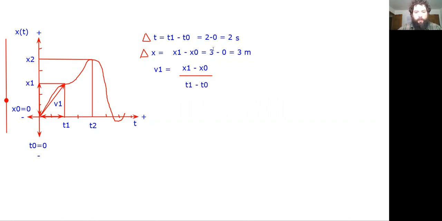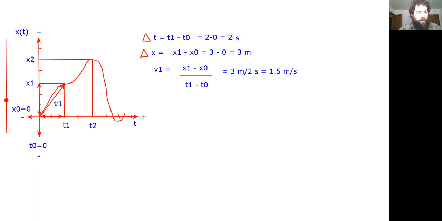Okay, so we already know this is going to be 3, and this is going to be 2. So equals 3 divided by 2. This is actually 3 meters divided by 2 seconds equals 1.5 meters per second.